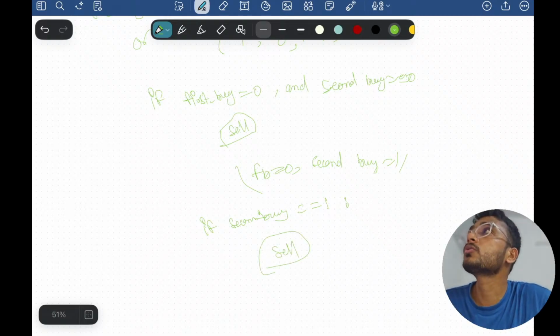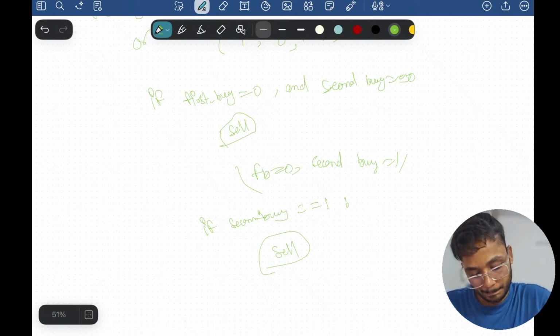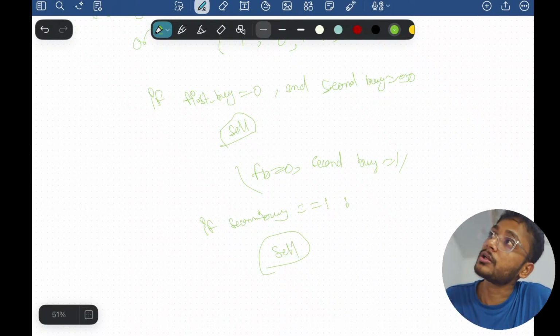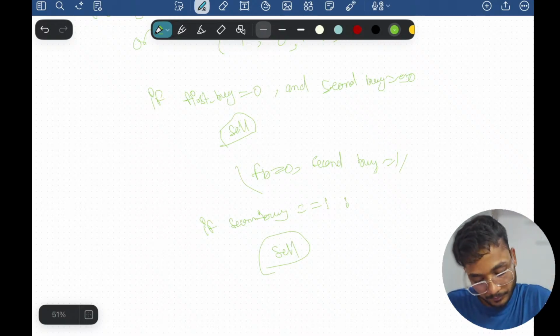And what else can you say? You cannot call further. If you are performing second buy, that means that's over, so you'll return it.